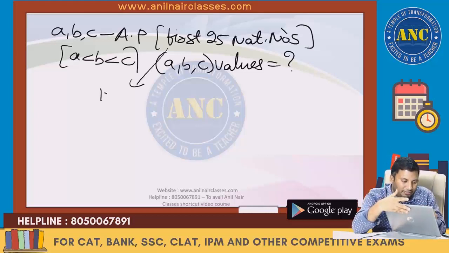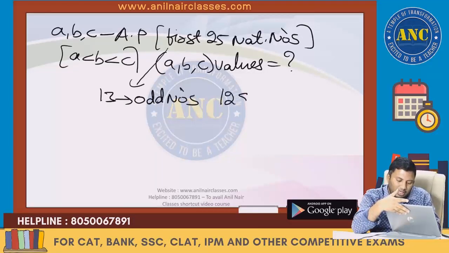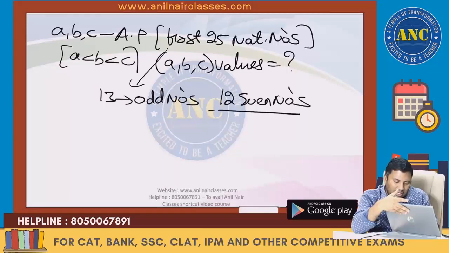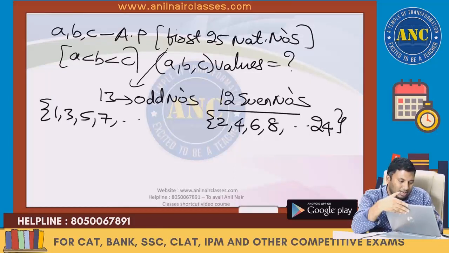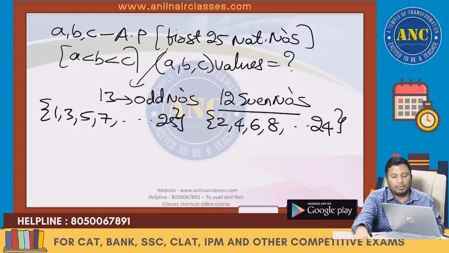In the first 25 natural numbers, there will be 13 odd numbers and 12 even numbers. What are the 12 even numbers? 2 ones are 2, 2 twos are 4, 2 threes are 6, up to 2 12s are 24. What are the 13 odd numbers? 1, 3, 5, 7 till 25. Out of 25, 12 multiples of 2 are there, the remaining is 13.